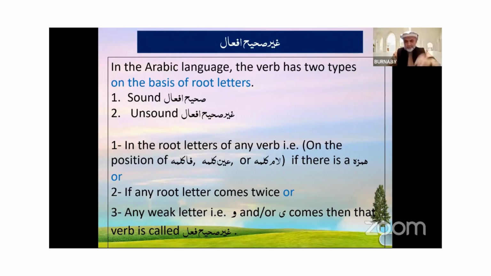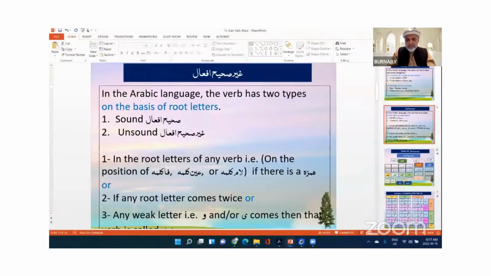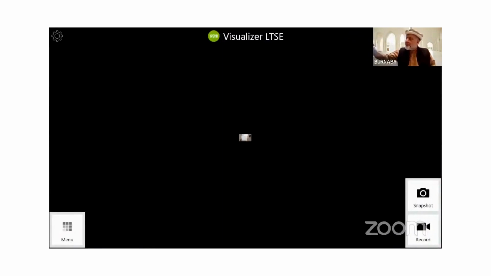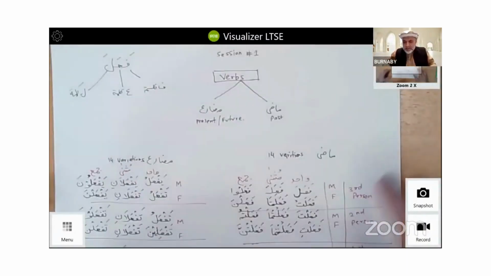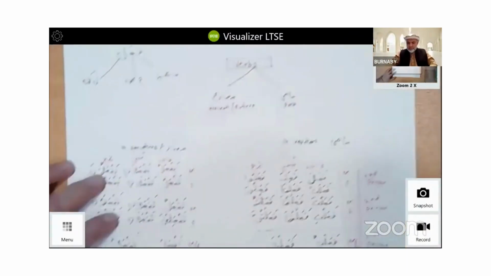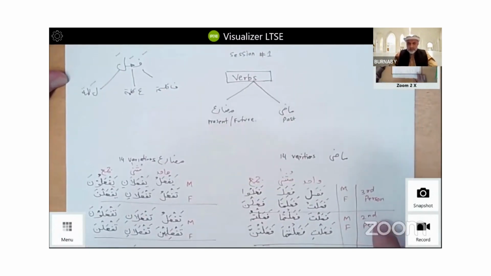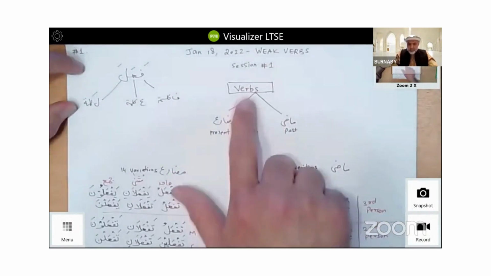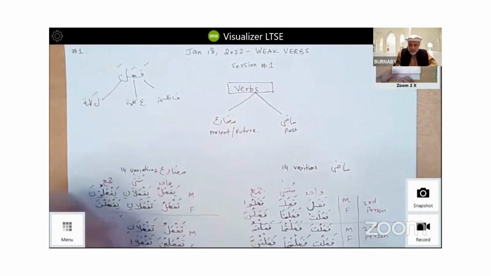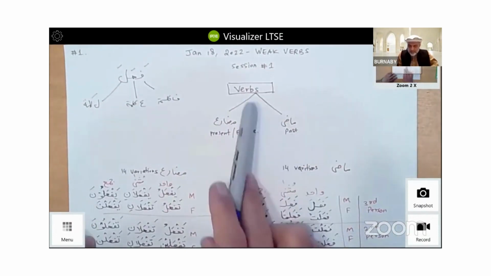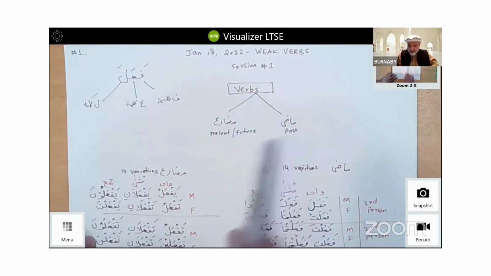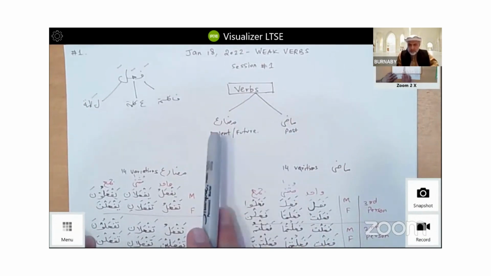Defective verb. Okay. Now, before I get into that, let me quickly take you to the camera and let's go over some of the previous stuff we have been learning. So when we're dealing with verbs, how do we divide the verbs into Madi and Mudare?